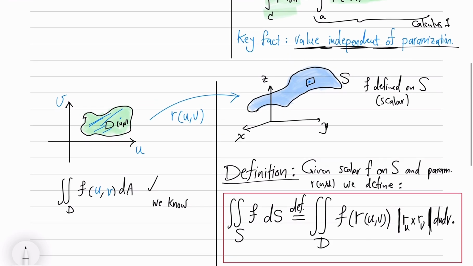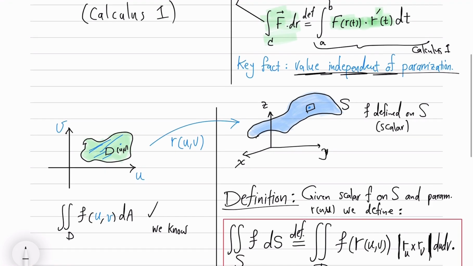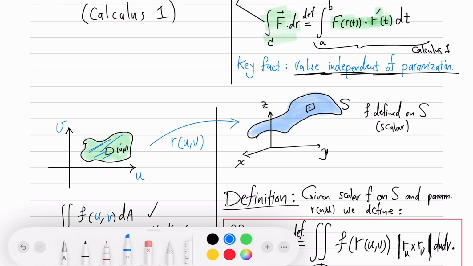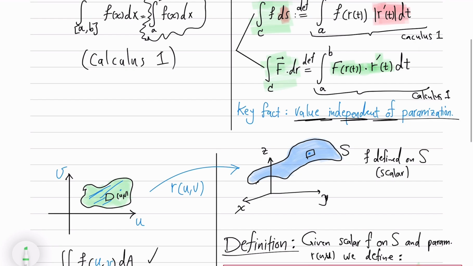Have a comparison with the previous case. You have this element here. This is the area element. Without this factor of the cross product, we wouldn't have an object that does not depend on parameterization. And in the previous case, we had ds equal to the magnitude of r prime of t, dt.